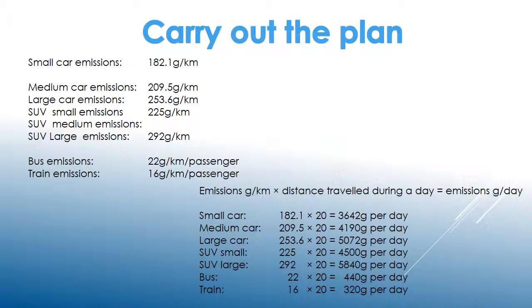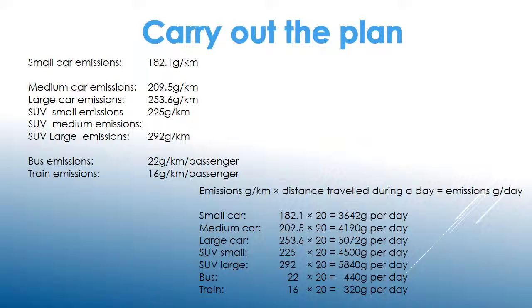Now to work out the emissions per day of our other cars, we do emissions per kilometre times that by the distance travelled during the day. So here we're doing it by 20 because it's 10 kilometres to school and 10 kilometres home. And that's how we have received our answers. Now you can have a look and see what sort of car your family drives and how many emissions your car emits.